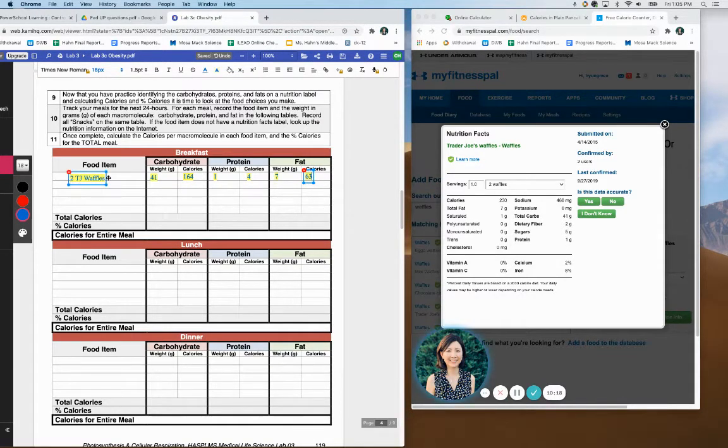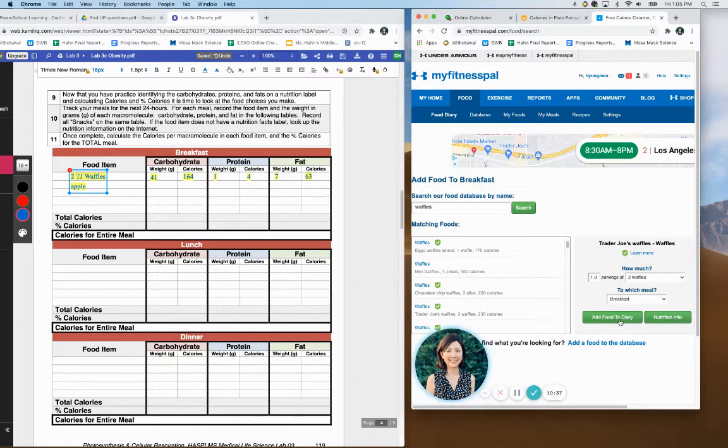And then let's say I had an apple. I might have to adjust my font so they fit on the lines, and then I'm just going to look up apple.